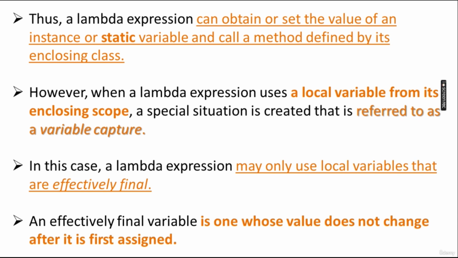When a lambda expression uses a local variable from its enclosing scope, a special situation is created that is referred to as variable capture. Okay. So whenever a lambda expression uses a local variable from its enclosing scope, a locally created variable, that situation is called variable capture.